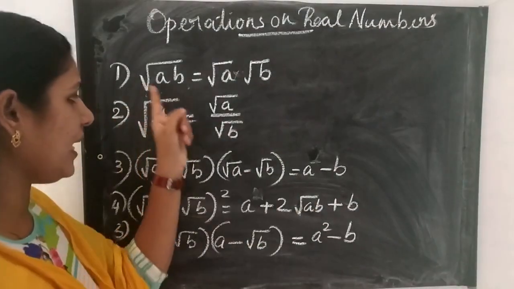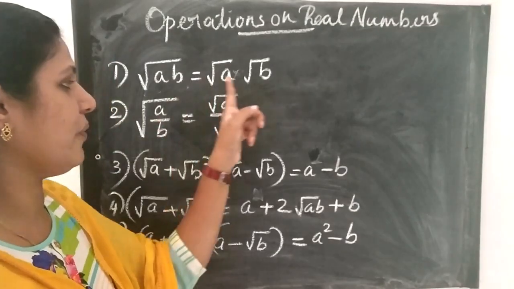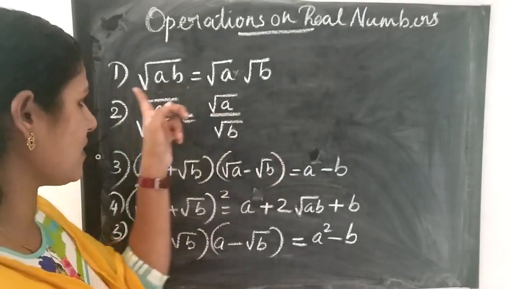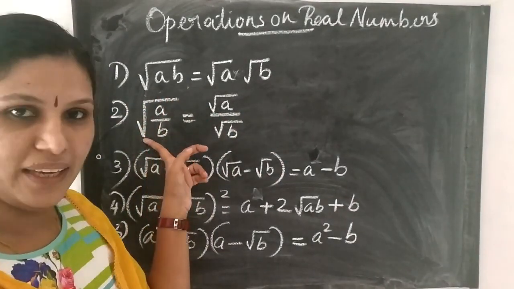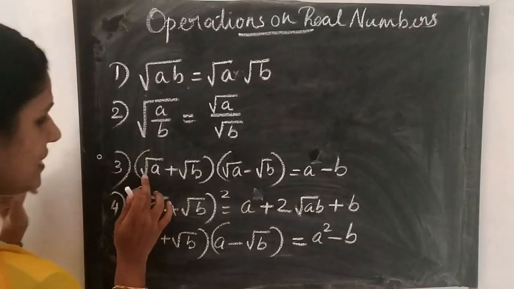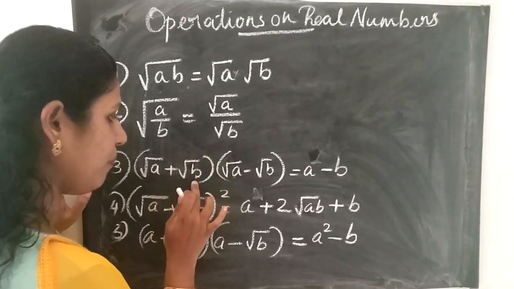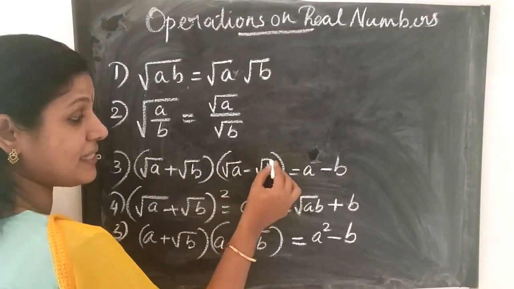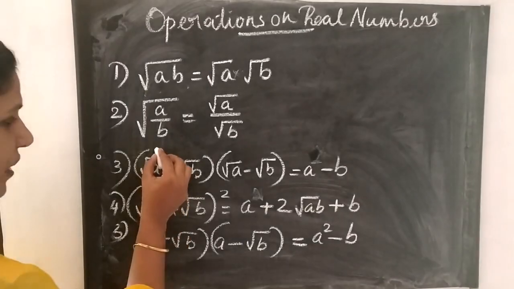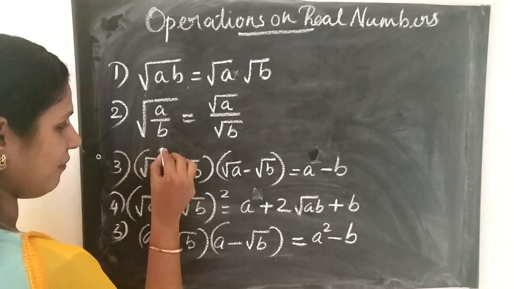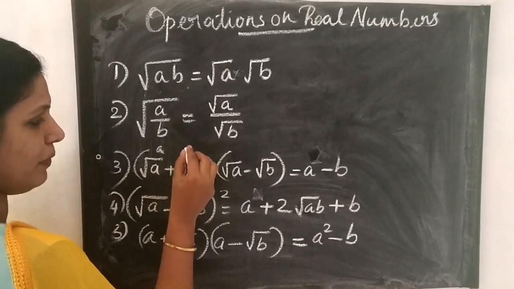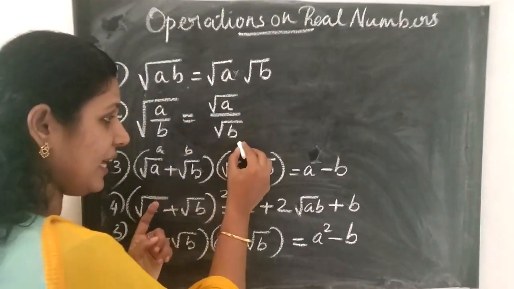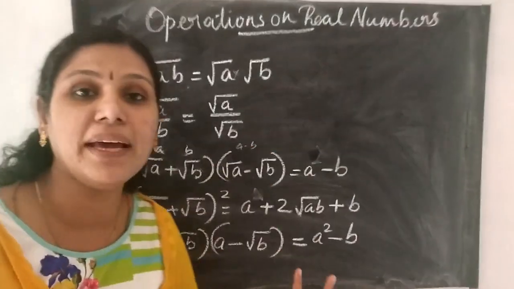Now like that, root A by B, how to write this? Root A divided by root B, or root A divided by root B, we can write this as root of A by B. Now this is root A plus root B, root A minus root B. Instead of root A, we put A, and instead of root B, we write B. So we get A plus B and A minus B. A plus B into A minus B is what?